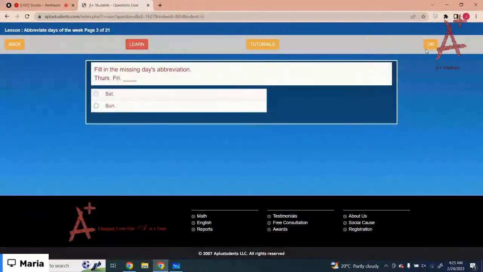Thursday, Friday, which is the correct option, option one or option two? The correct option is option number one. So just select the correct option, then click on the OK button.